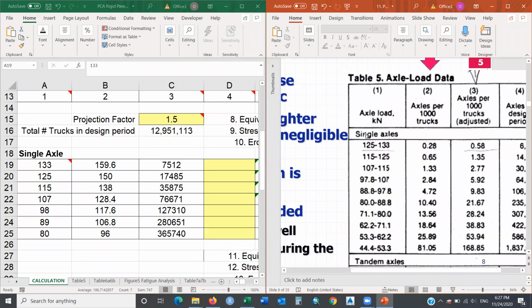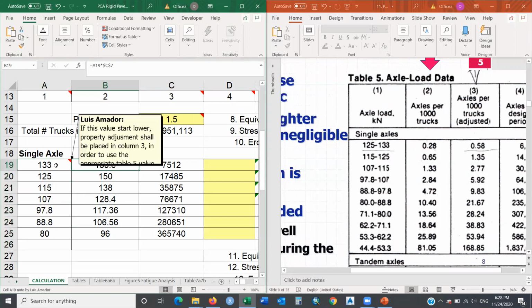So my highest, my single axle, the groups, the highest value for the first group is 133. That's the value I have here. The next one is 125. That is the next value. The next one is 115. You can see it here. 107, 97.8, 88.8, 80. The next one, if I need it, is 71.1. The next one, and so on and so forth, okay?